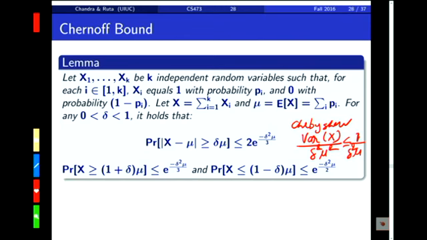So how do these two quantities compare? Let's say in terms of delta. Which one is better?